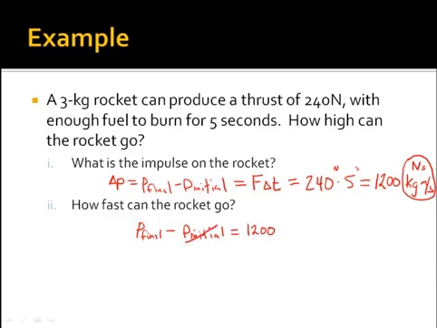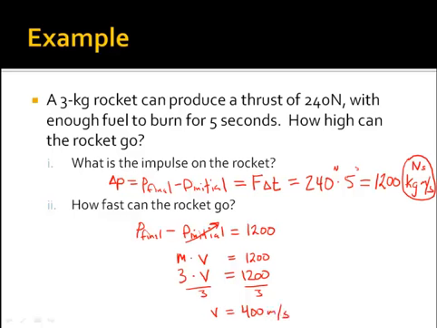So this term we can actually cancel out. And so we've got the mass of the rocket times the velocity of the rocket after it's burned all the fuel. It has to equal 1,200. The mass of the rocket was 3, so 3 times v equals 1,200. So the final velocity of this rocket, after it's sped up as much as possible, must have been 400 meters per second.